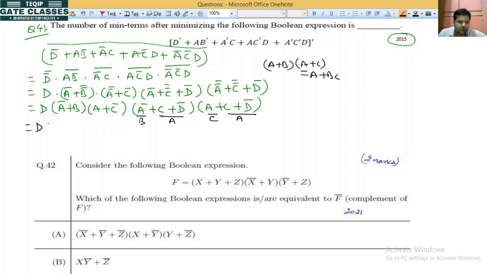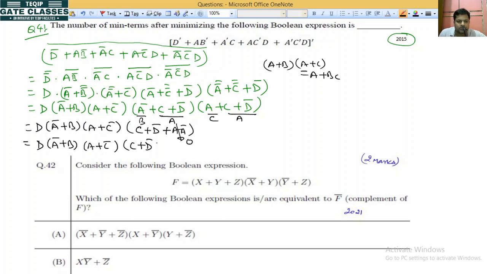You get D (A bar plus B)(A plus C bar), this one will be (A plus BC)(C plus D bar) plus A bar. So this one will be 0. Now we have D (A bar plus B)(A plus C bar)(C plus D bar). Now we move here.